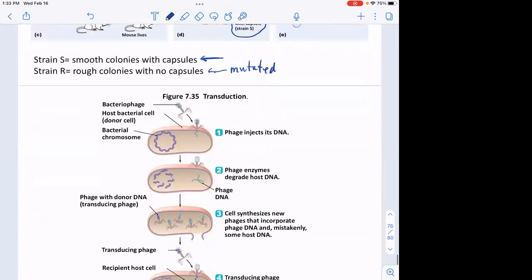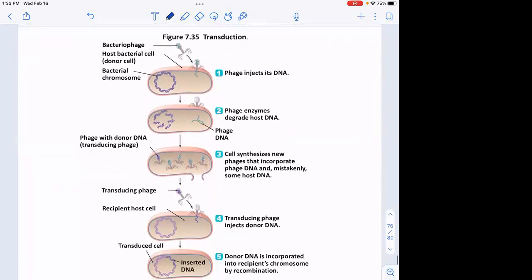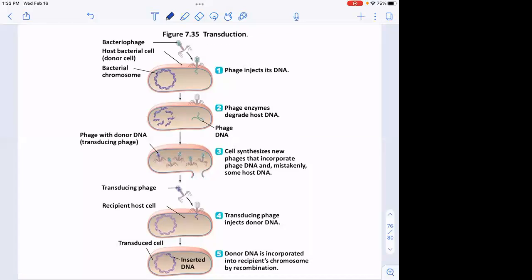Okay, the second kind of horizontal gene transfer is transduction. And if we had talked about viruses already, then this would look a little bit more familiar. Just know that this involves a virus.